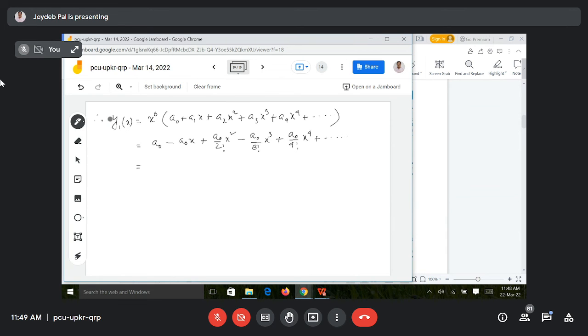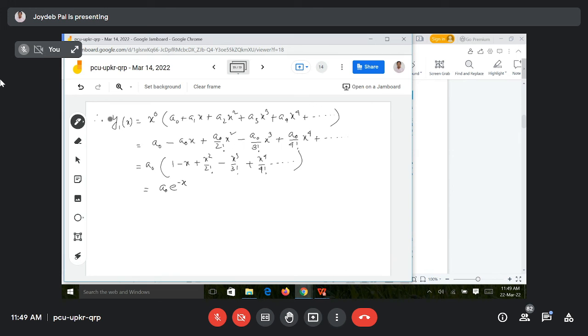You can see, if you take a0 common, it is 1 minus x plus x square by factorial 2 minus x cube by factorial 3 plus x to the power 4 by factorial 4 and so on. It is the series for which function? Sir, is it e to the power minus x? Yes, it is e to the power minus x.